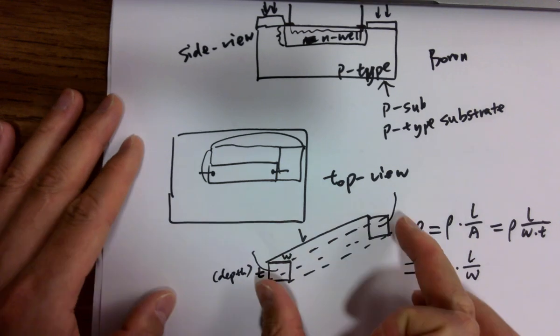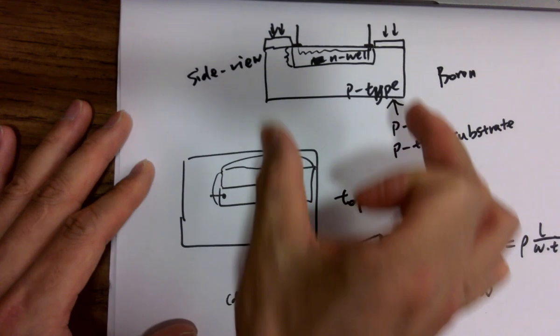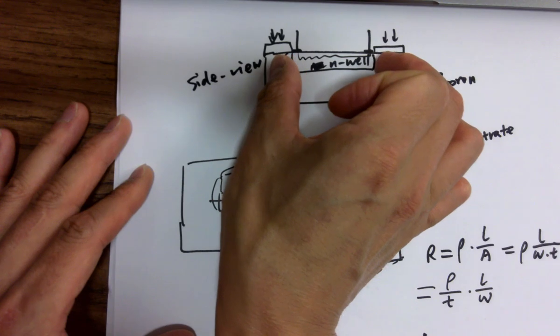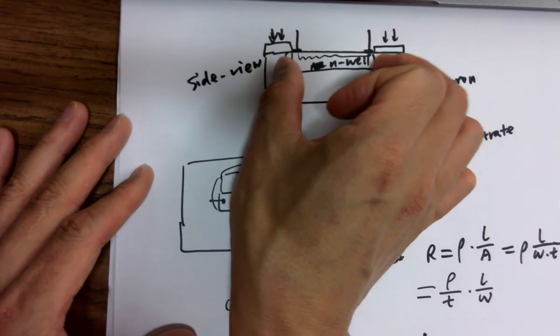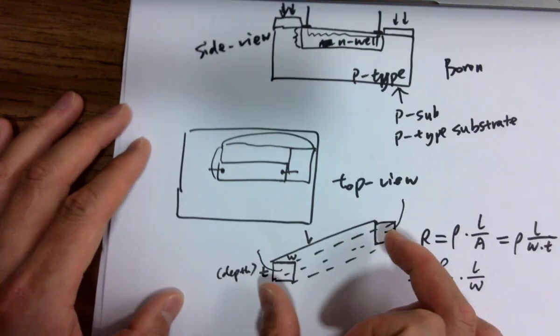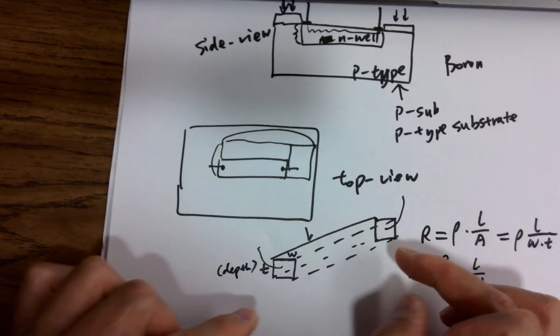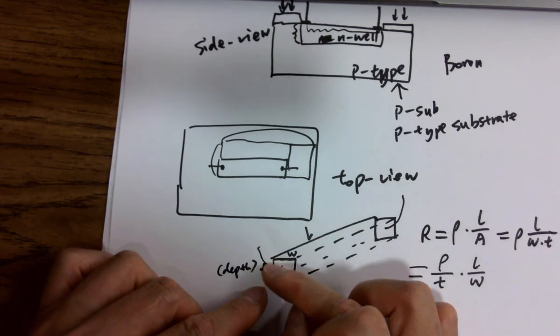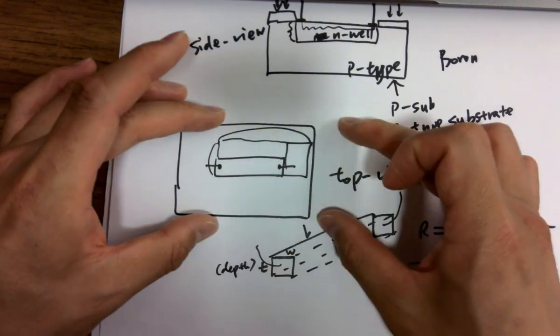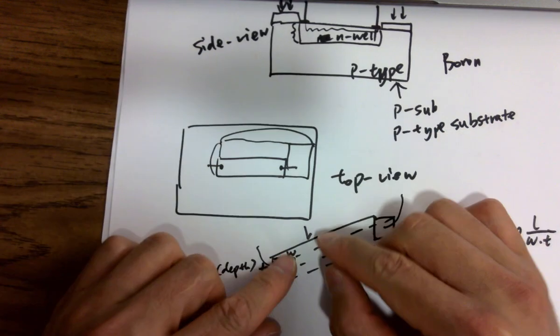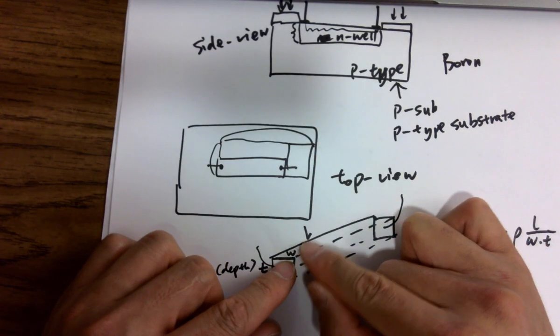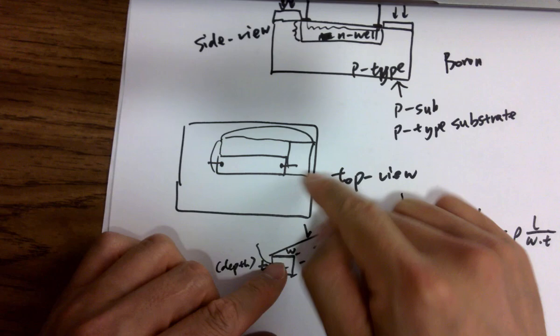So basically, this rod is this guy from the side. If you look from the side, I'm actually extracting this unwell resistor here. If you look at it individually, it looks like this. And here's the depth. If you're doing layout design from the top view, you're only able to see L and W, right? Instead of thickness. Thickness is going into the paper.